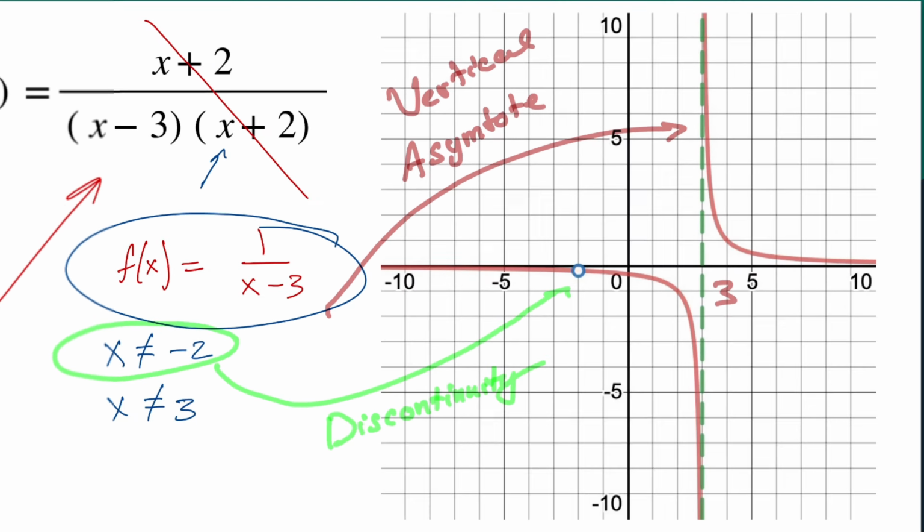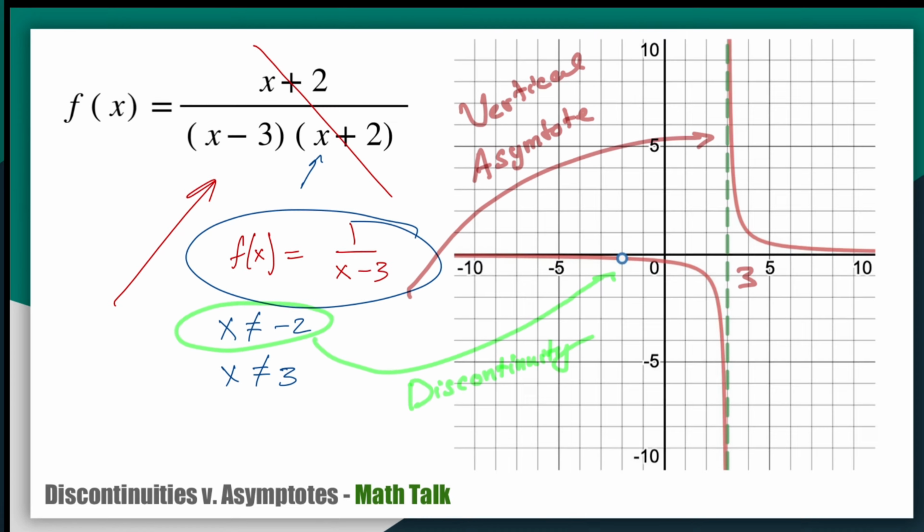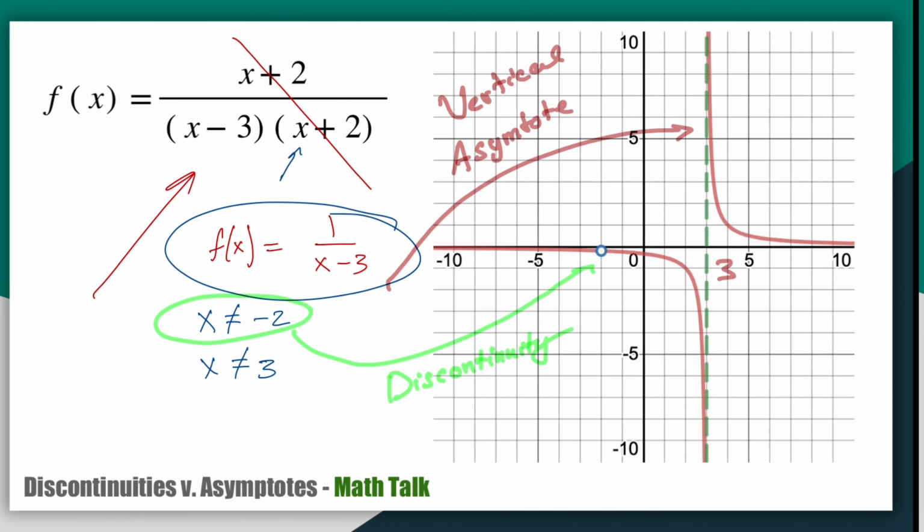So it's just like, oh, we can't be right here, all right? But the function doesn't try to get close to it like it does with an asymptote. So keep that in mind, all right? If you're wondering why we have to keep track of those earlier restrictions, this is why, okay?